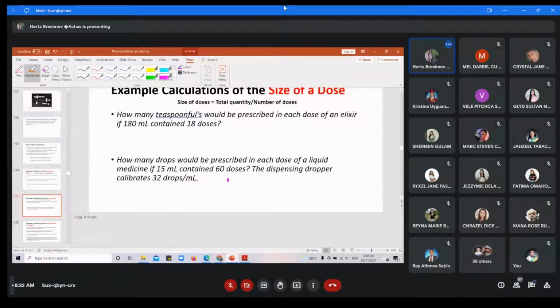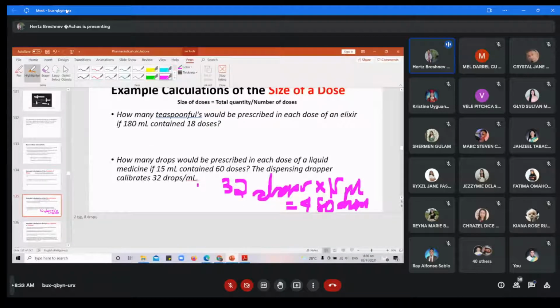So get this: 32 drops times 15 ml. 15 times 32 drops is 480 drops.